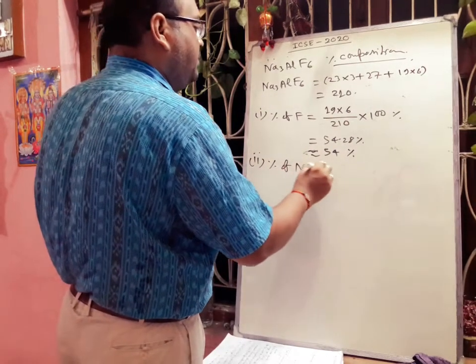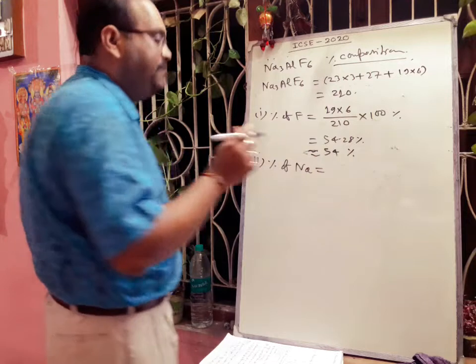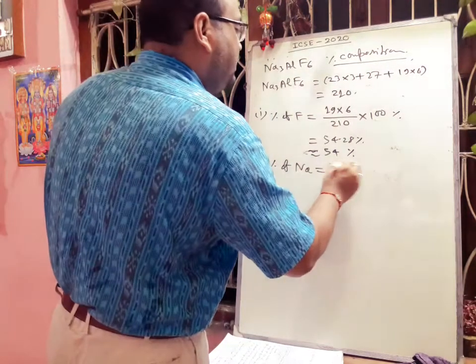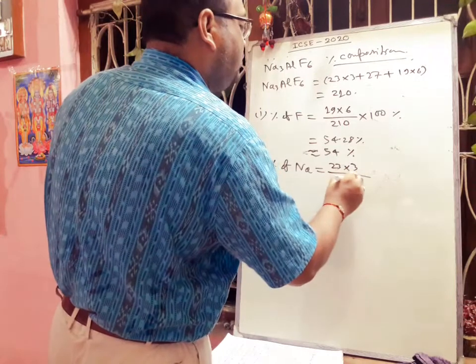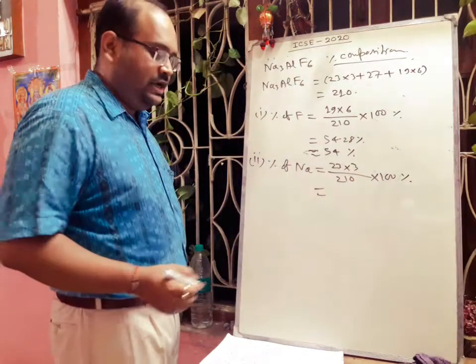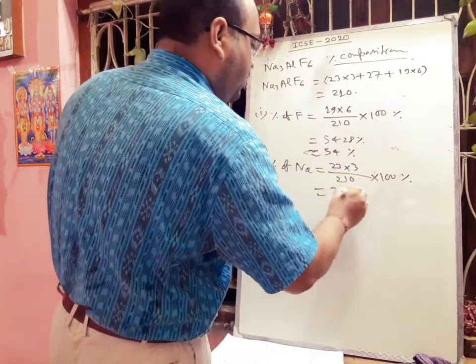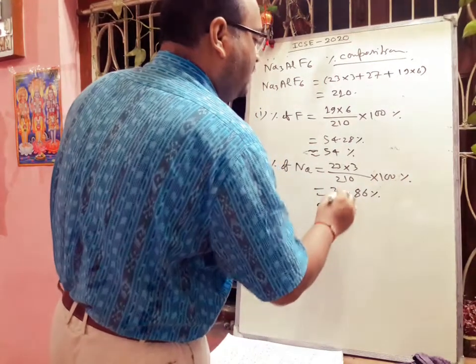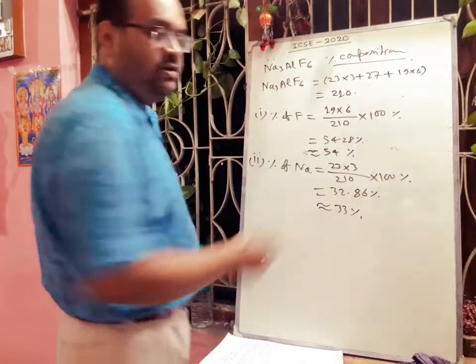How many sodium atoms are there? 3. So 23 into 3 divided by 210 into 100%. If we calculate this, we will get 32.86%. If we round up to a whole number, that will be 33%. That will be your answer.